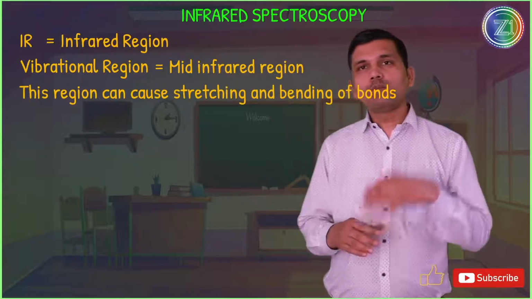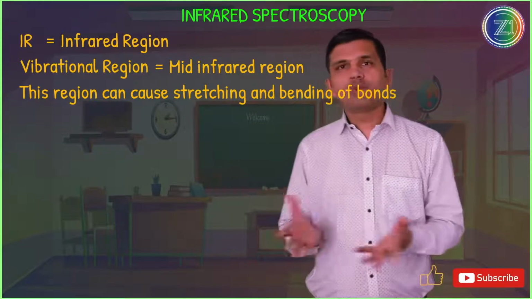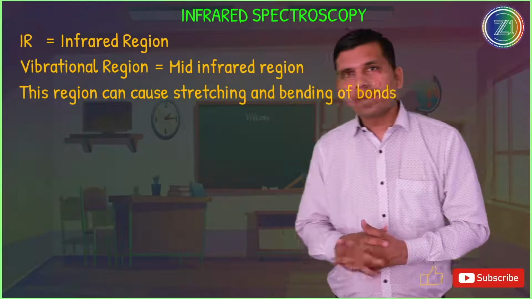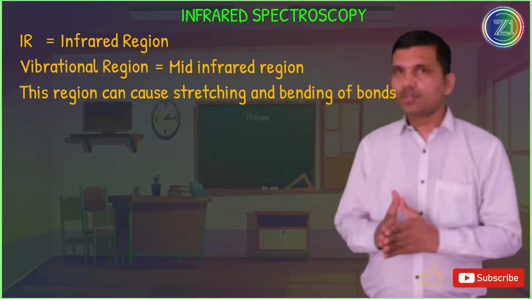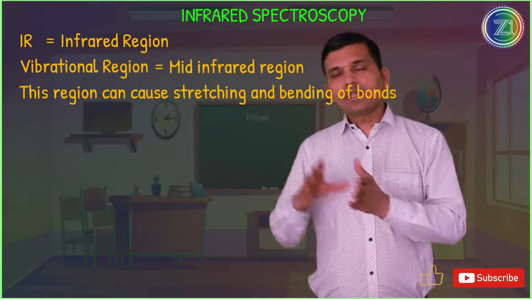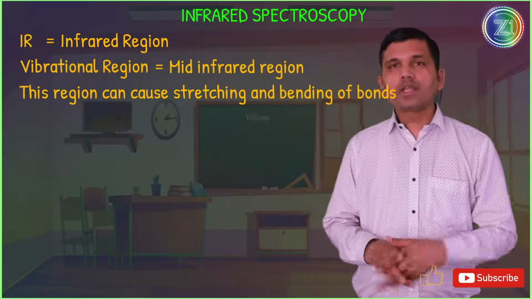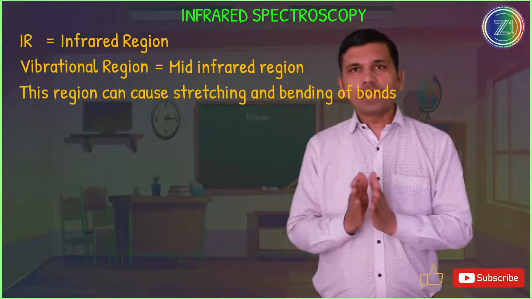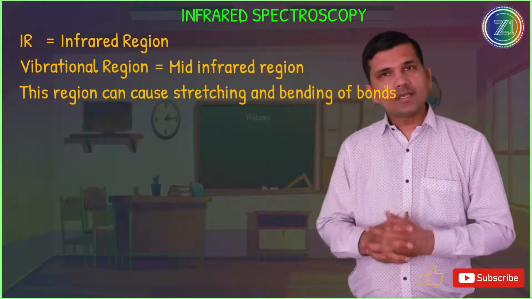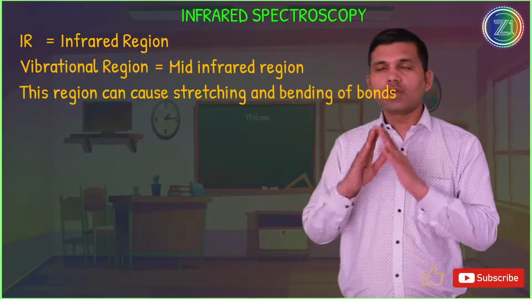Almost all the compounds which have partially covalent bonds or polar covalent bonds can absorb these IR radiations, and these compounds can have stretching and bending vibrations. That means the bond can vibrate along an axis, in different axes, or the bond can stretch or bend.